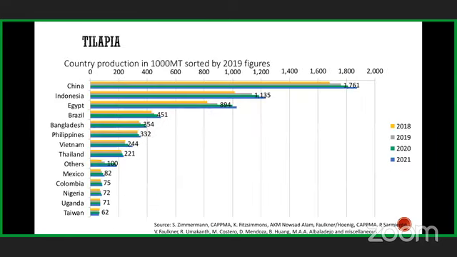Coming to emerging tilapia, the production is dominated by China, followed by Indonesia and Egypt. But having said that, India is also growing at a faster rate, and there is a high chance that India will be in this list by 2025.